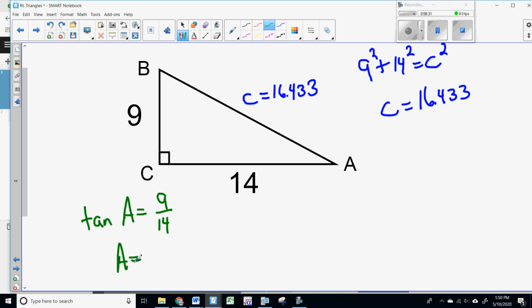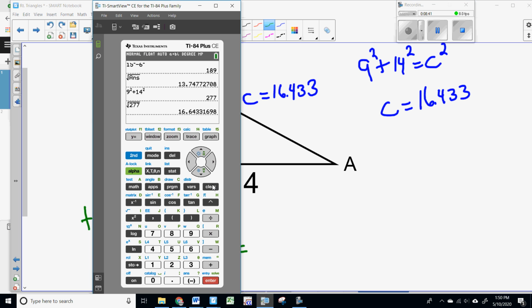So A is inverse tangent. This is all writing these out, putting them into the calculator. This is second tangent, 9 divided by 14. I get my answer. I subtract that answer from 90.